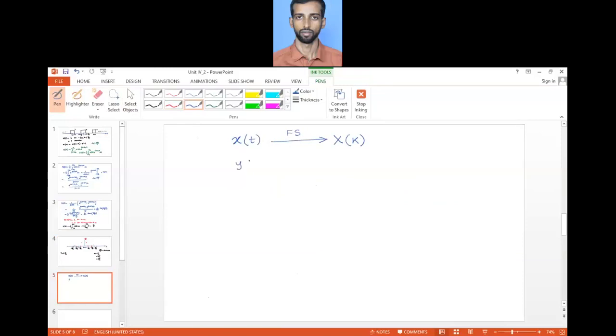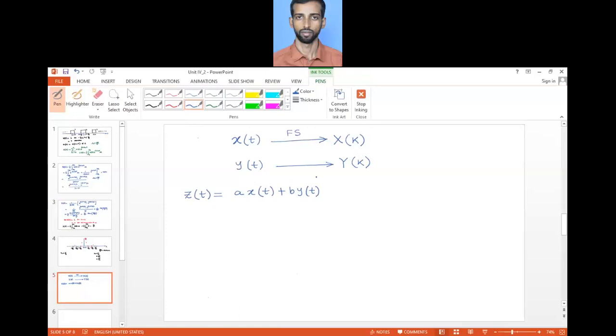Suppose you know y of t, another periodic signal of the same fundamental period, for which the Fourier coefficients are given by y of k. And suppose you are asked to find the Fourier series coefficients of a signal having the form a x of t plus b y of t.